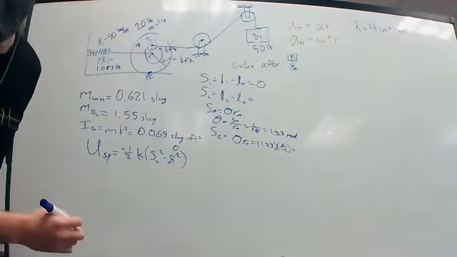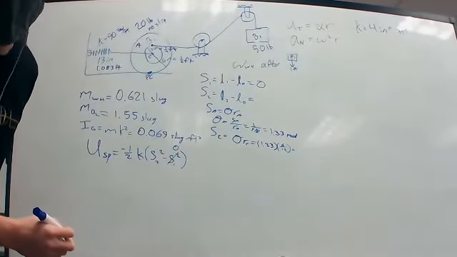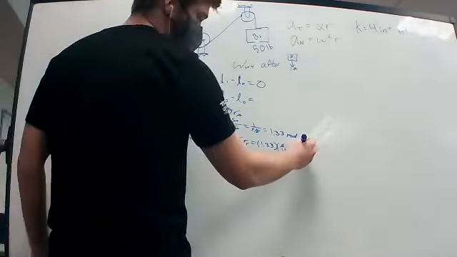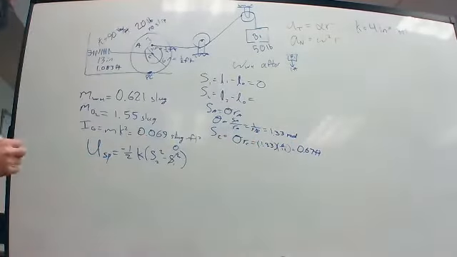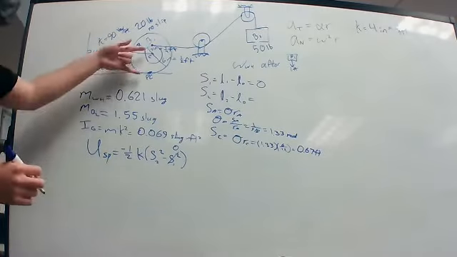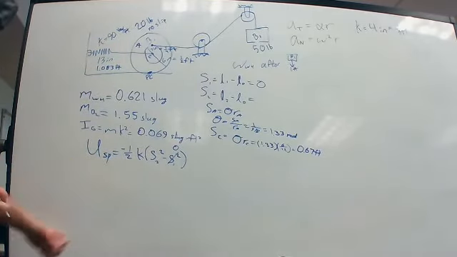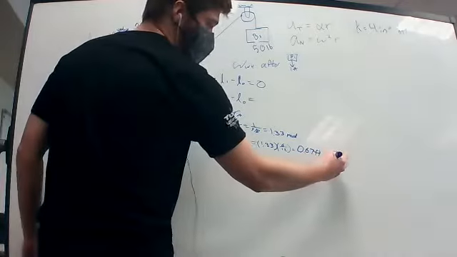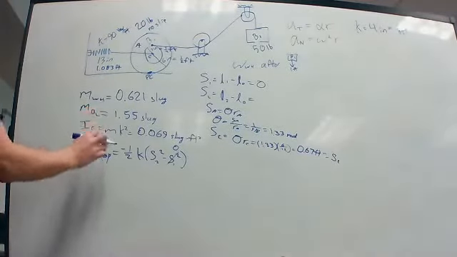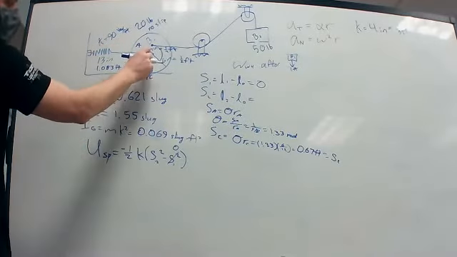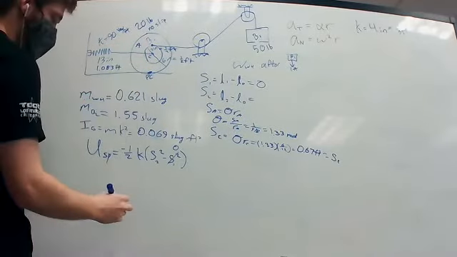So SC comes out to be 0.67 feet. And that SC value from here to here is the same as our S2, because S2 is going to be relative to this spring, which is connected at the center of this wheel.